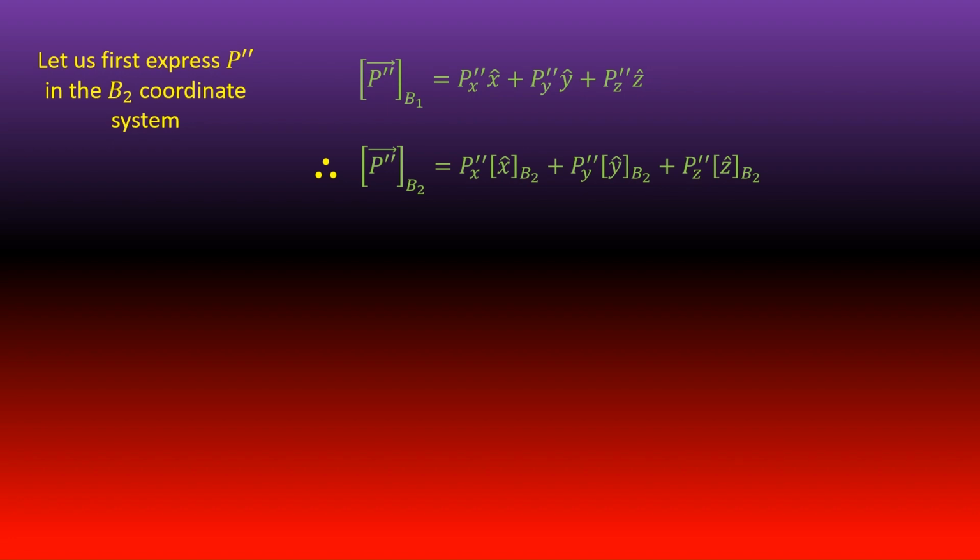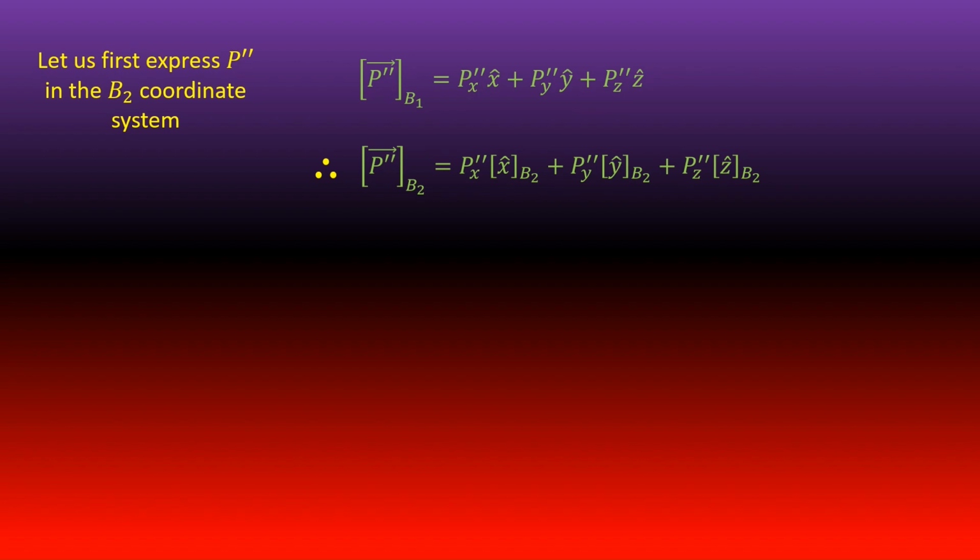Therefore, P double prime in terms of B2 is P sub x double prime multiplied by x hat in terms of B2 plus the rest of the stuff. And one thing to note here is that x hat in terms of B2, y hat in terms of B2, and z hat in terms of B2 will all be expressed in terms of a linear combination of x hat PL, y hat PL, and z hat PL, right?